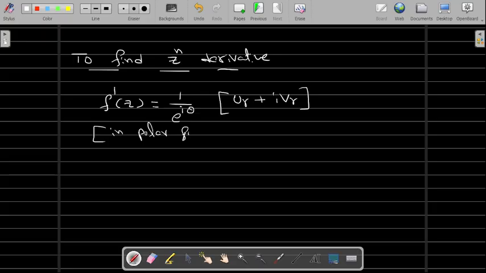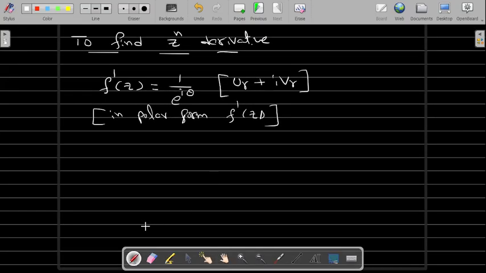Polar form, f dash of z. You have to remember this formula, then only we will be able to find it. In polar form, f dash of z equals 1 by e power i theta (ur plus i into vr). We already have the other values.